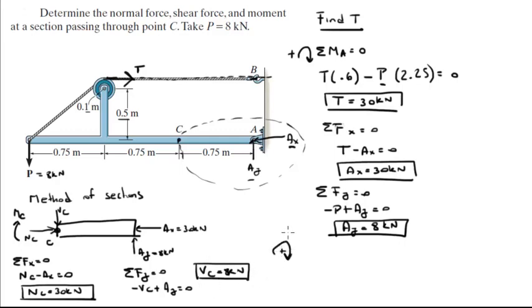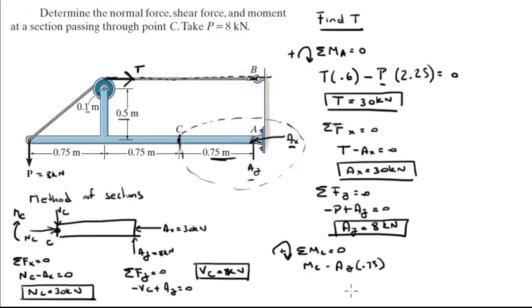And assuming clockwise is positive, sum of the moments at C is equal to 0. So MC minus the moment created by AY, which is AY times 0.75, because from C to A is 0.75 meters.